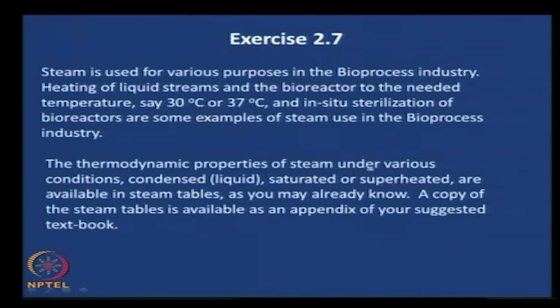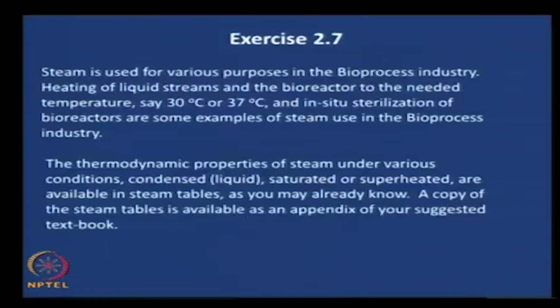The thermodynamic properties of steam under various conditions, saturated or superheated, are available in steam tables, and a copy of the steam tables is available as an appendix of your suggested textbooks, Smith, Van Ness and Abbott. Please take a look at that appendix and familiarize yourself with the various values that are given there as functions of pressure, temperature, or maybe one variable.